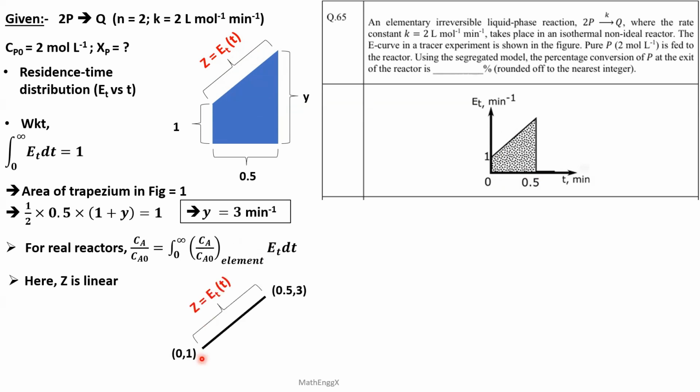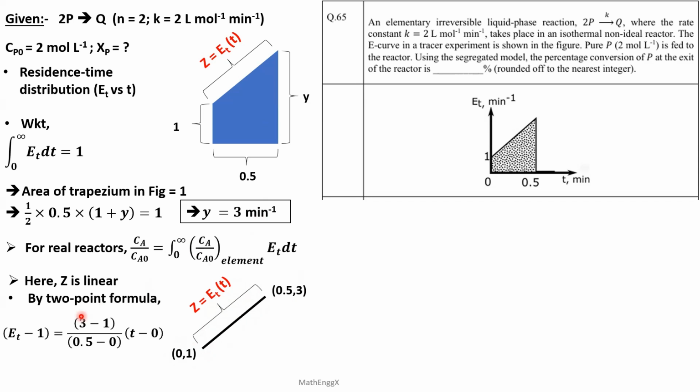As I already said, this is a linear form in t. We know the endpoints of this particular line. The coordinates of the endpoints of this line are (0, 1) and (0.5, 3). Using the two-point formula of a straight line, we can find the equation of this particular side of the trapezium.